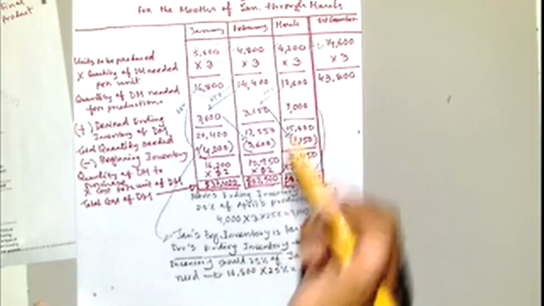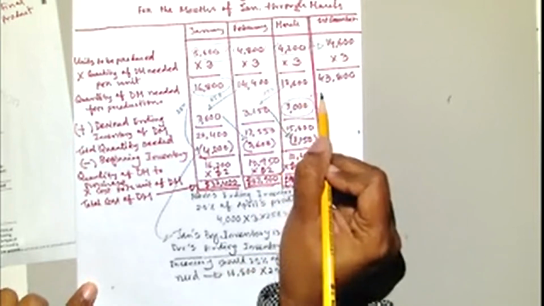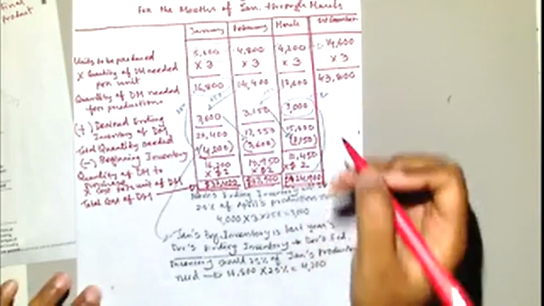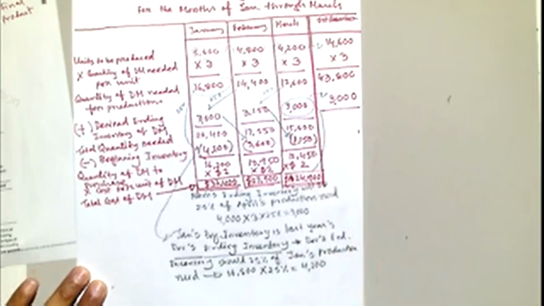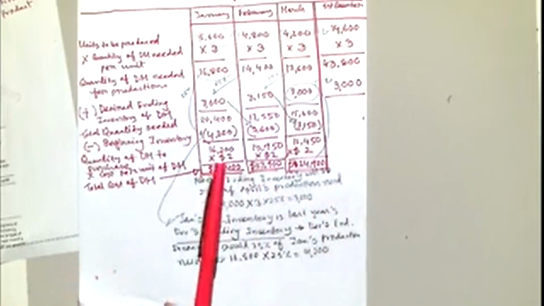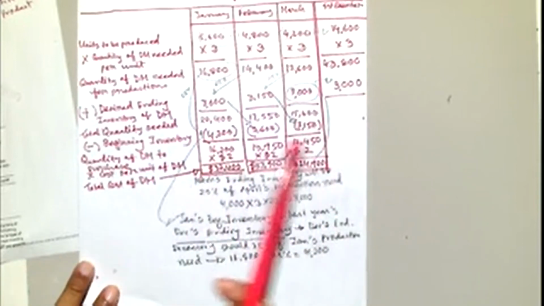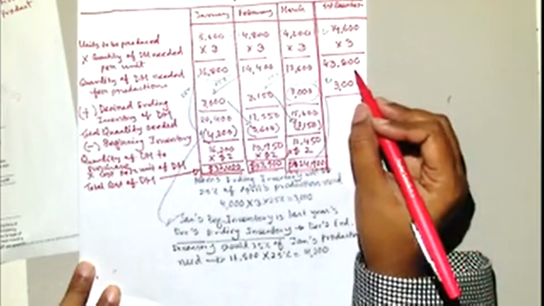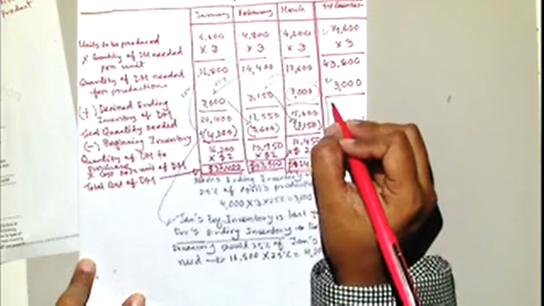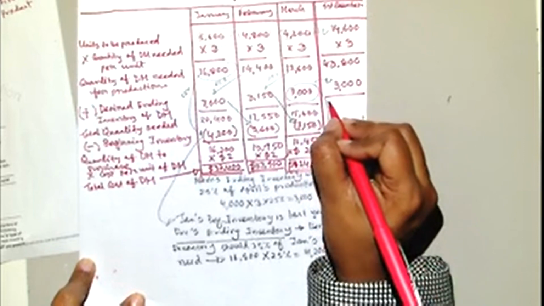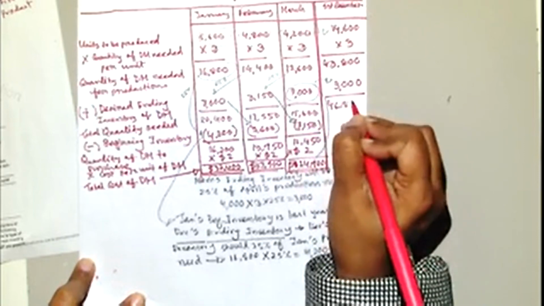March's ending inventory will be your entire quarter's ending inventory. But you are right if I would ask you beginning inventory. Beginning inventory will be January's beginning inventory. So now if you add this 43,800, add 3,000, your total quantity needed will be 46,800.